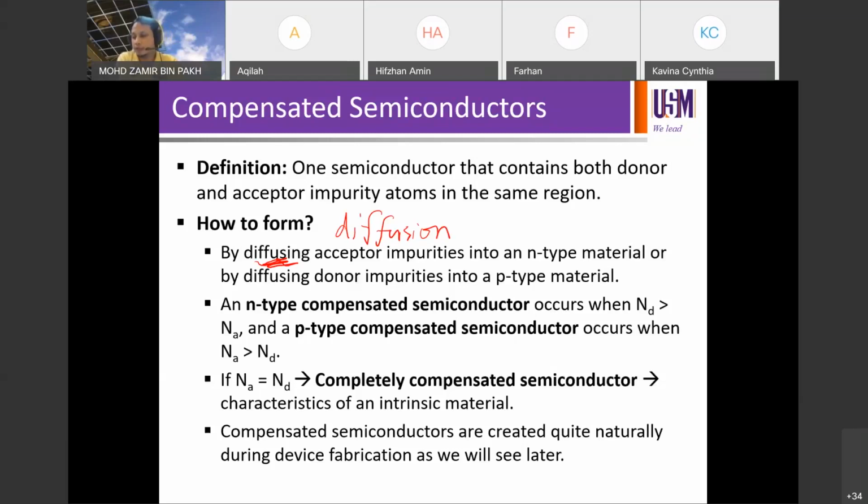So in this case, if you want to achieve a compensated semiconductor, you need to diffuse the opposite impurity into your semiconductor material. For example, if you have an n-type material, what is the majority carrier in n-type?